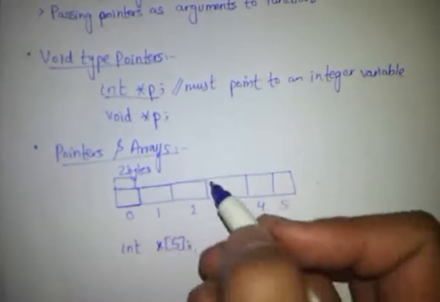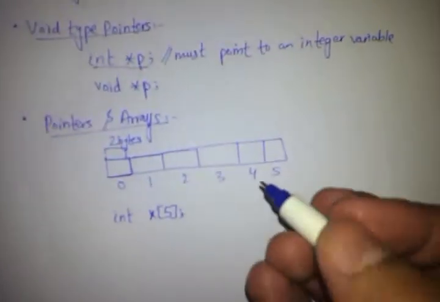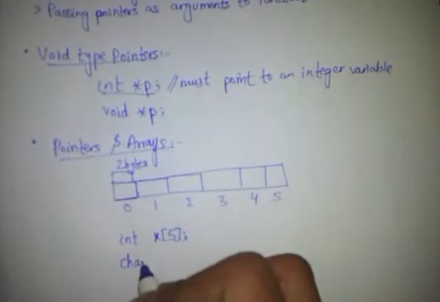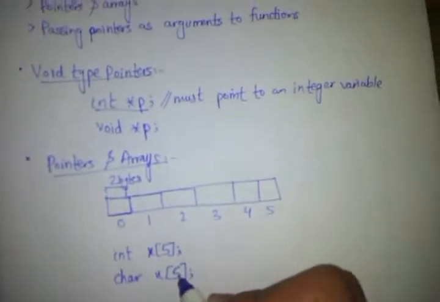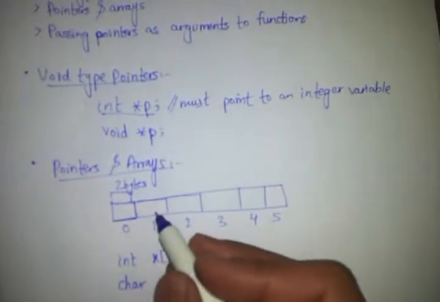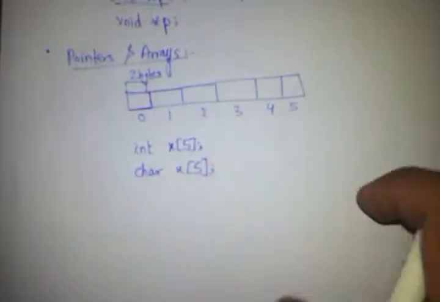Also this one. Each of these cells would have a size of 2 bytes. But if we had done such a thing with characters, this would take only 1 byte per cell. So I hope you've grasped the concept.